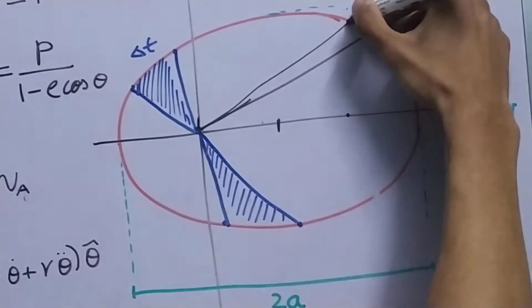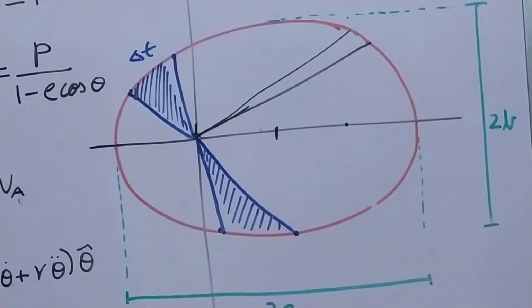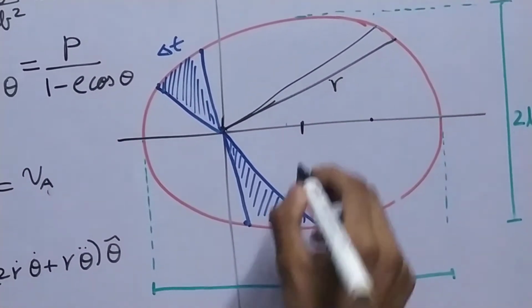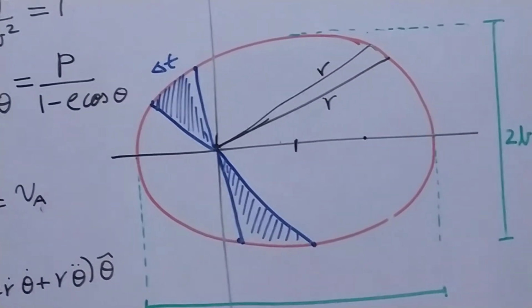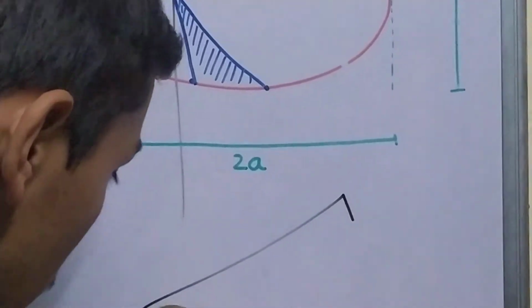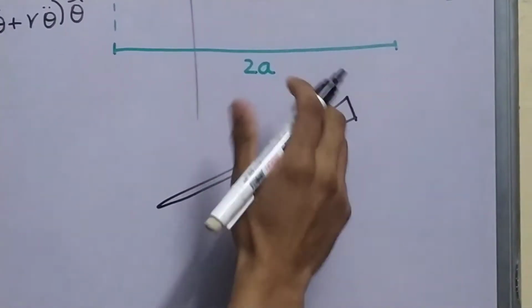This is a very small distance. So if this length is r, this length will also be r. This area will look something like this. These two are roughly the same, r.